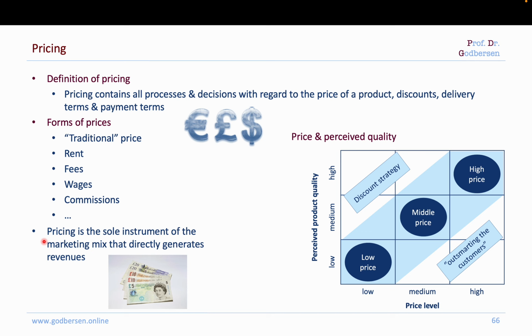So on this figure on the right, we have the price level on the x-axis from low to high. On the y-axis, we have the perceived quality, perceived by the target group, from low to high. And what you normally can only do is work in the corridor that runs from bottom left to top right, because people think that a low price means a low quality, medium price means a medium quality, whilst a high price means a high quality.